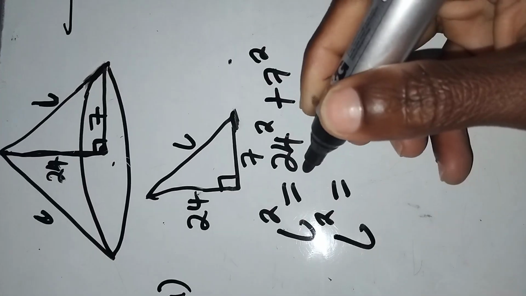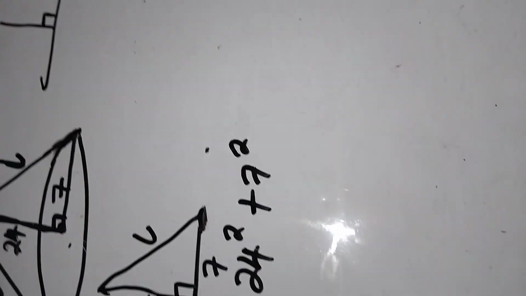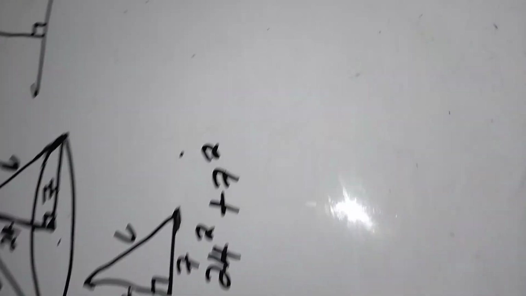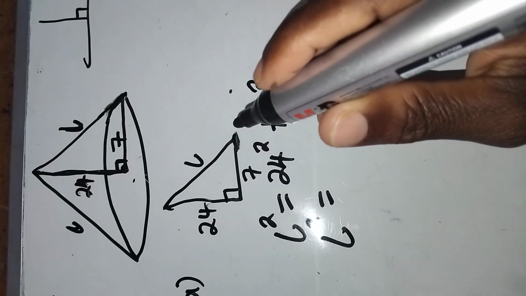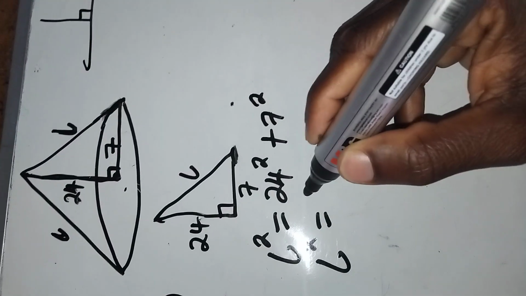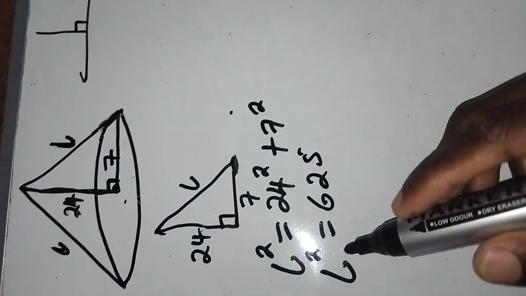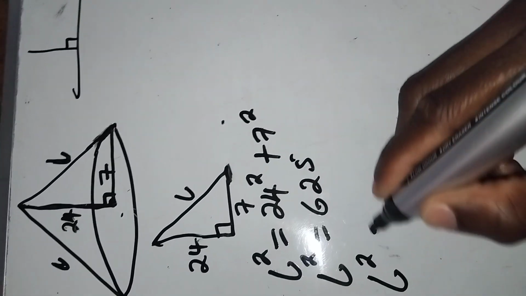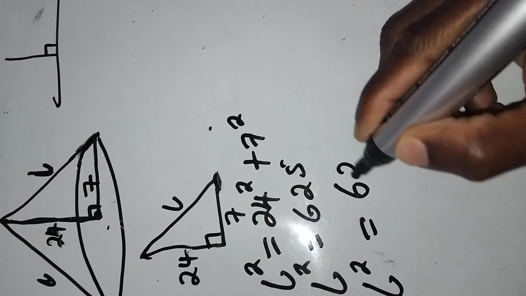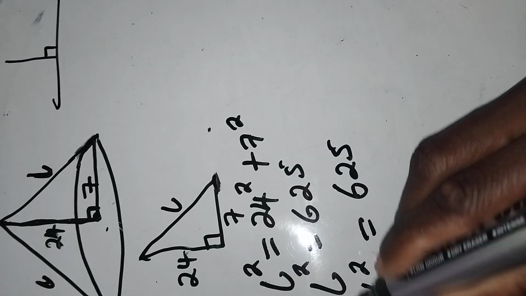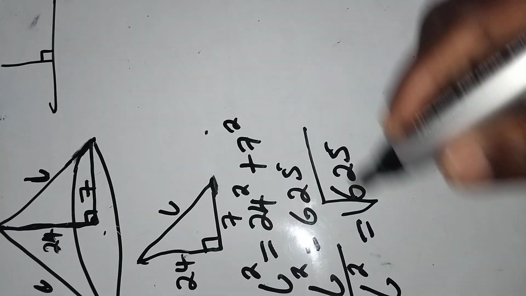L squared is equal to 24 squared plus 7 squared, which is 625. Then we want to remove the square, so we take the square root of both sides.